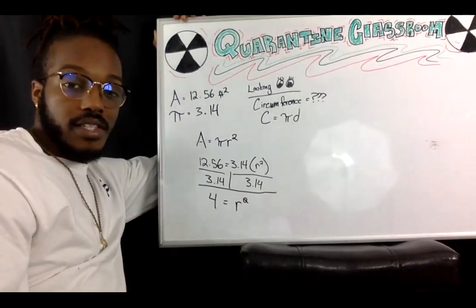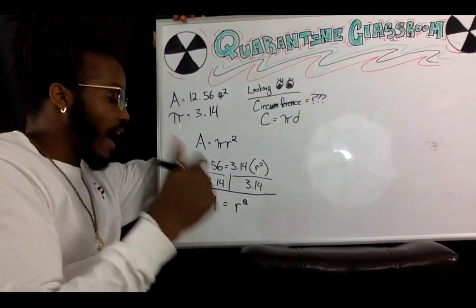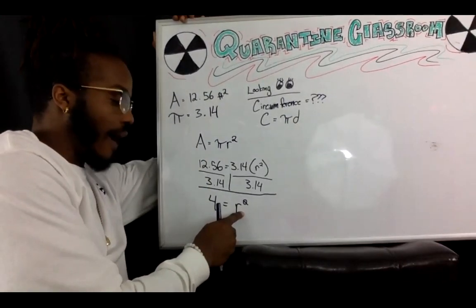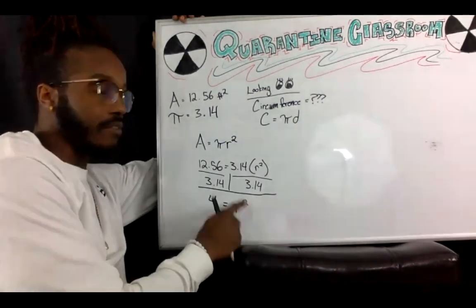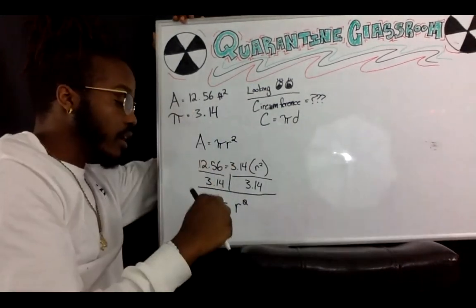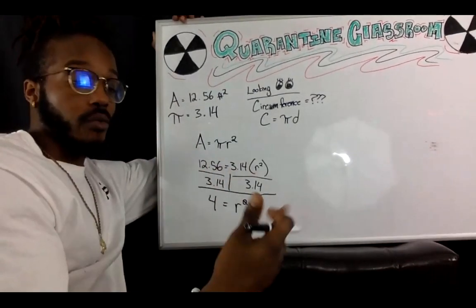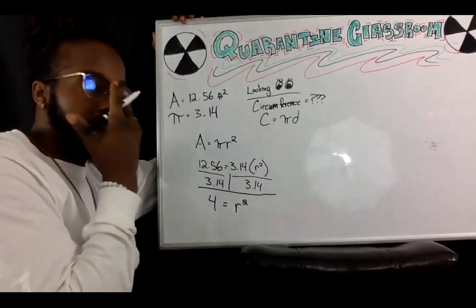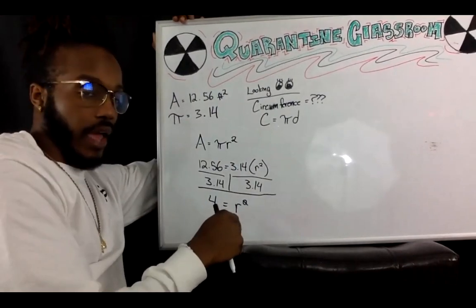Now, because this says r squared, there is still a step that we have to do. We have to get rid of our square, our exponent. And the way we do that is by doing something called a square root. Square root is basically the opposite operation for an exponent.